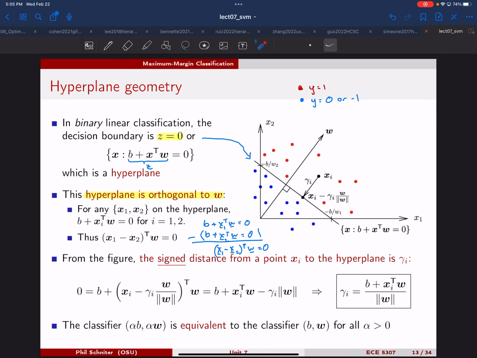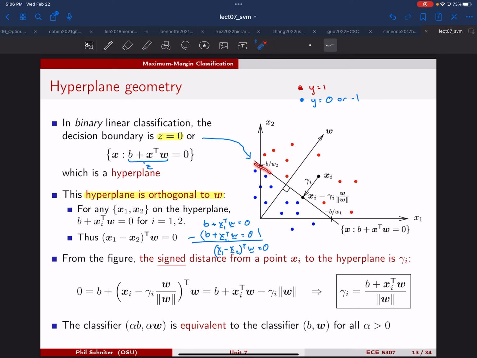Hopefully you remember that when two vectors give you an inner product, or dot product, of 0, that's the definition of orthogonality. These two vectors are orthogonal. w is one of the vectors, and the other is the line connecting the two points.